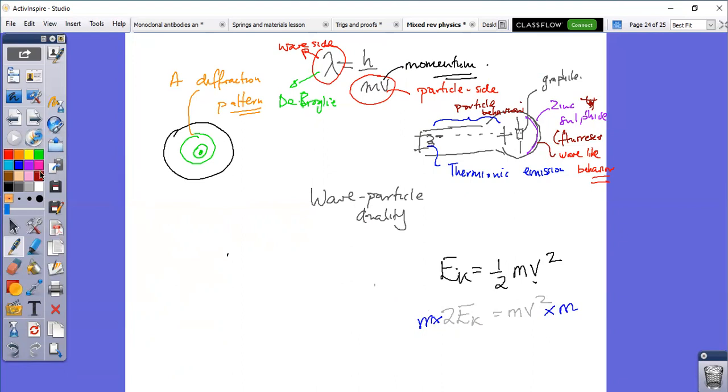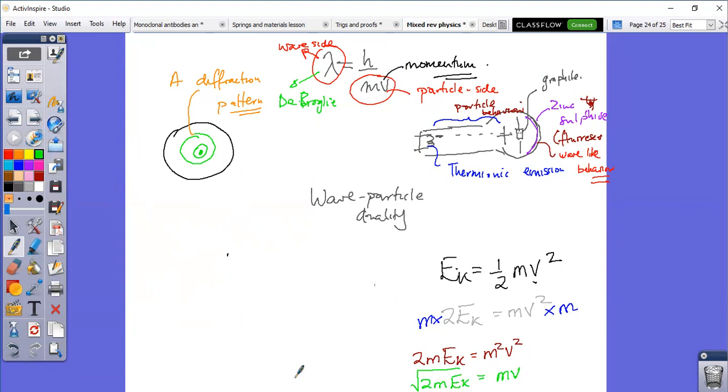So that's mathematically okay. So now I get 2mEk equals m squared v squared. I'm getting there. And how can I get there? I'm going to square root this. Because if I square root m squared v squared, the square root of that is mv. And because I've square rooted this side, I need to square root the other side.